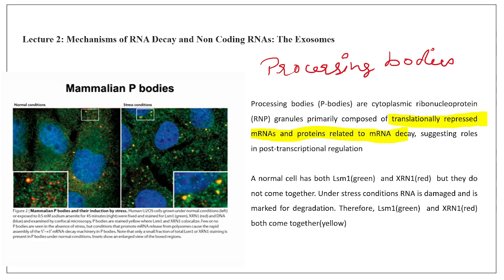So you see this image. What happens in a normal cell? A normal cell has both LSM1 and XRN1. What is LSM1 and XRN1? Can anybody tell me? We have just studied, at least XRN1 you should be able to tell.